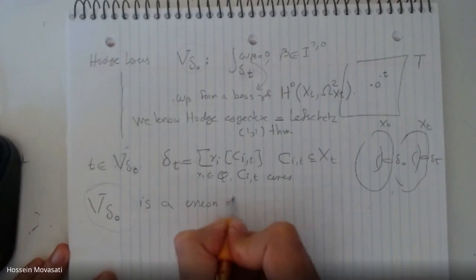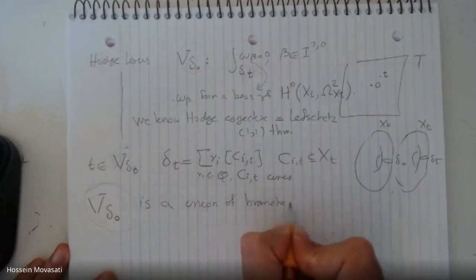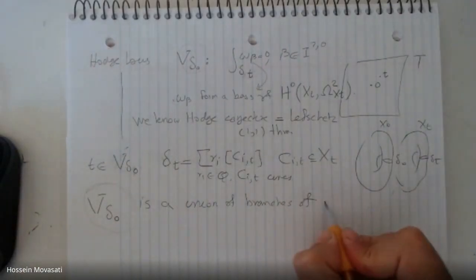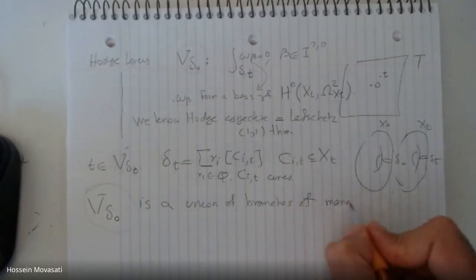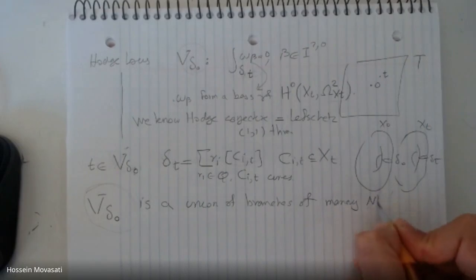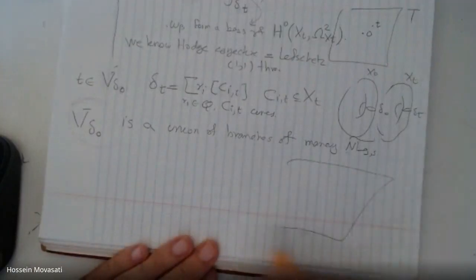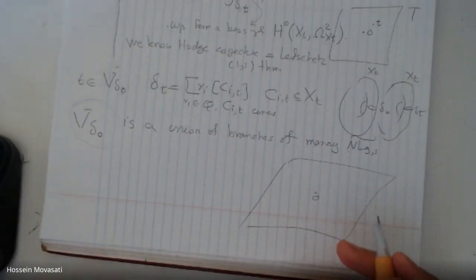of many NLGS. So maybe I put in the picture. You have the V0.